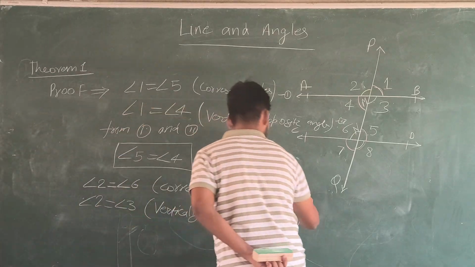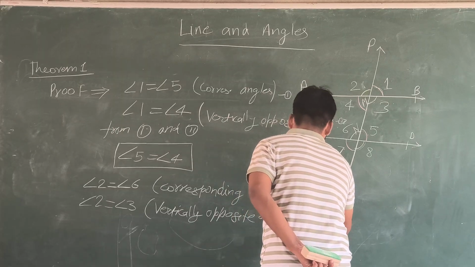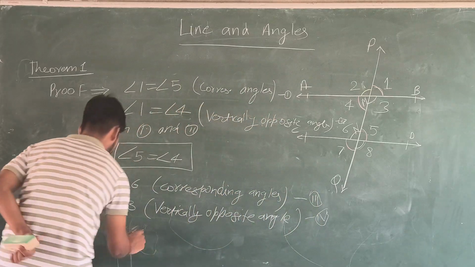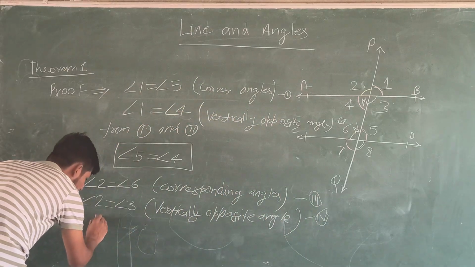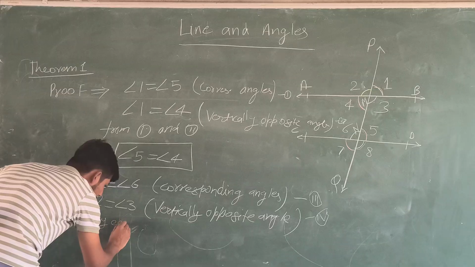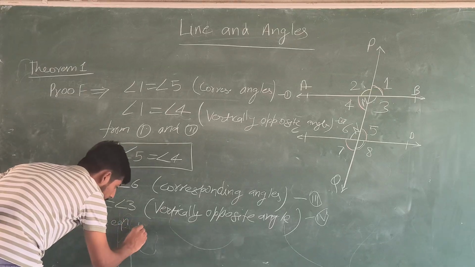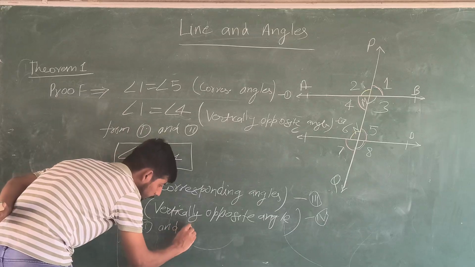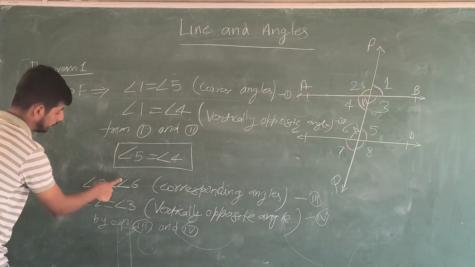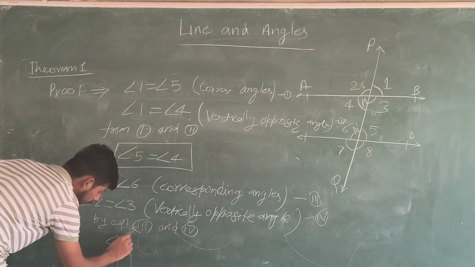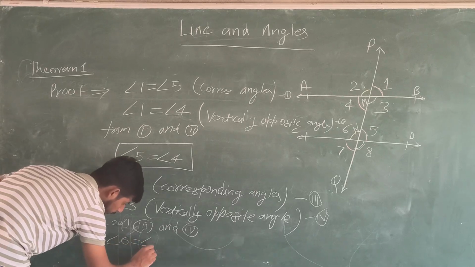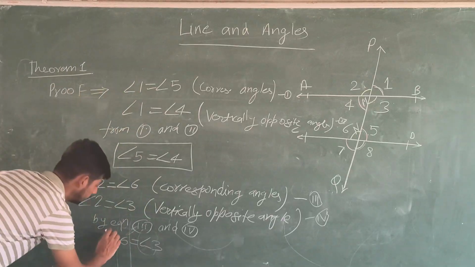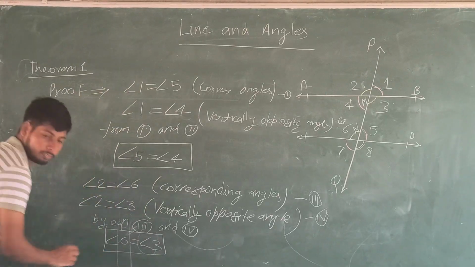So if we take this as equation 3 and this as equation number 4, from equations 3 and 4, angle 3 is equal to angle 6. So this both we proved.